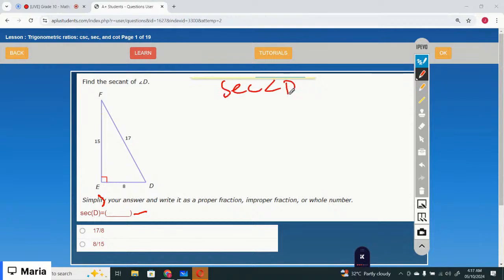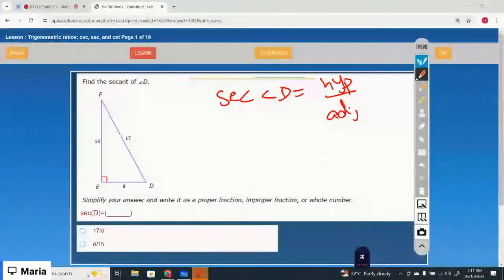So then secant D is hypotenuse divided by adjacent, sorry. Secant of angle D is hypotenuse divided by adjacent because secant is the inverse operation of cos.